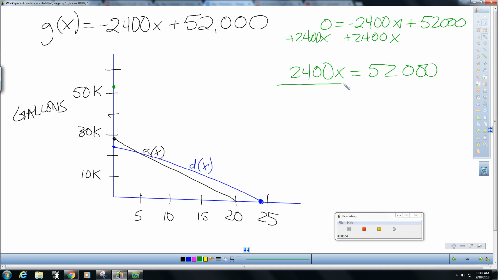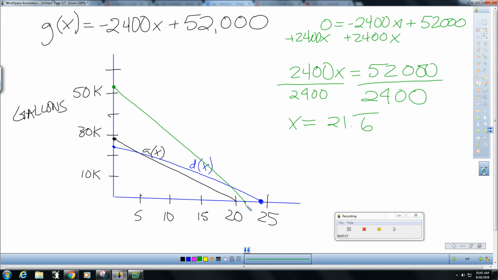If I divide each side by 2,400, I get x is 21.6 repeating. So 21 2/3 minutes. If we could add these pumps together and pump both of the pools with the same pump at the same time, that would be how long it would take for the water to drain.